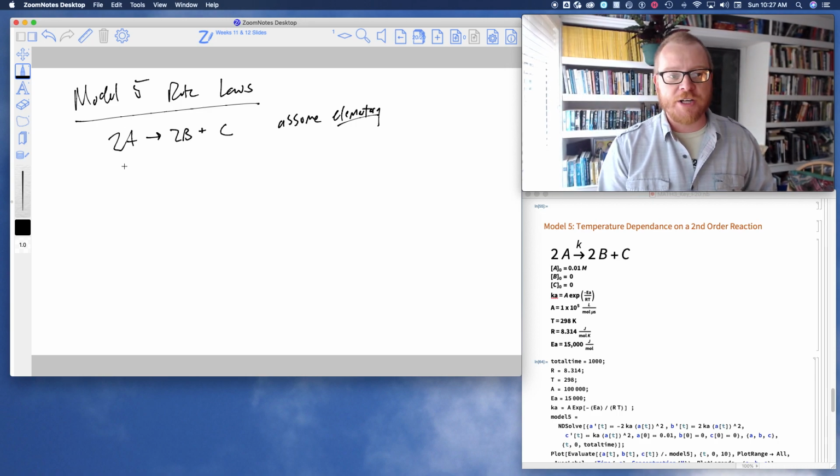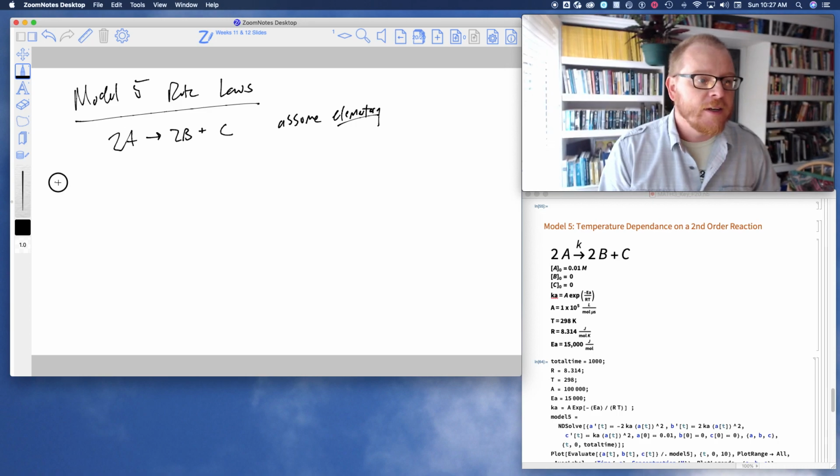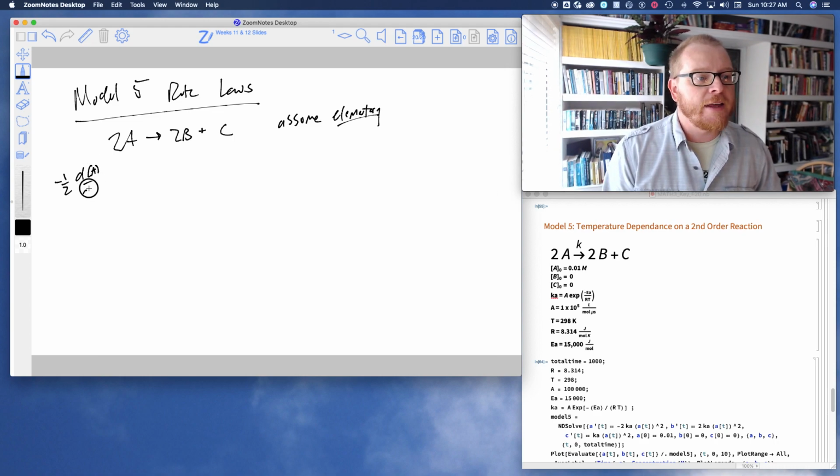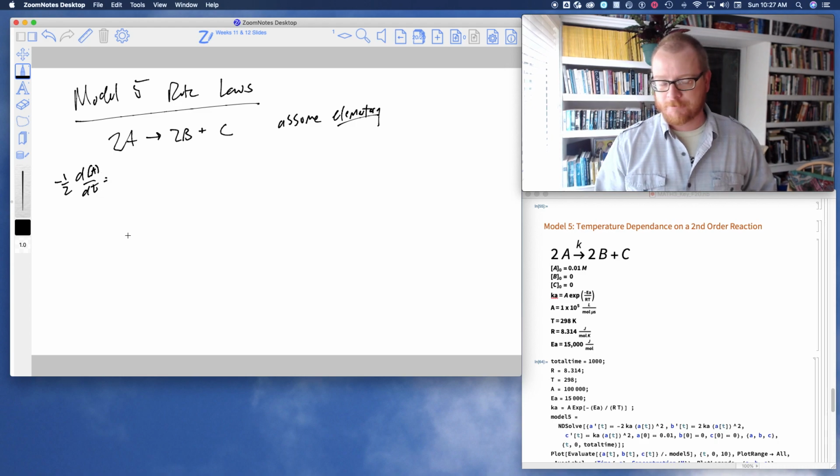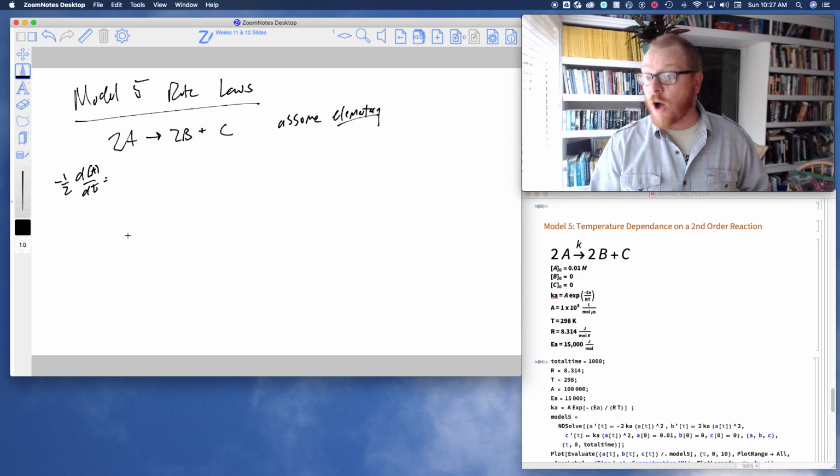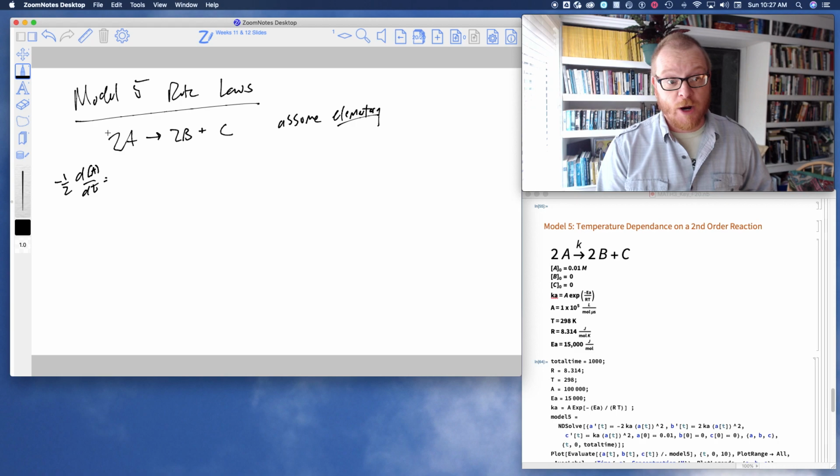Well, I'll first start by following our process by saying negative 1/2 dA dt equals, and it's all about the reactants, right? So I only have one reactant, so that's going to be K times A. And in all of these models, you can assume these are elementary steps, which means the stoichiometry does give me the reaction order. And so that means it's K times A squared.